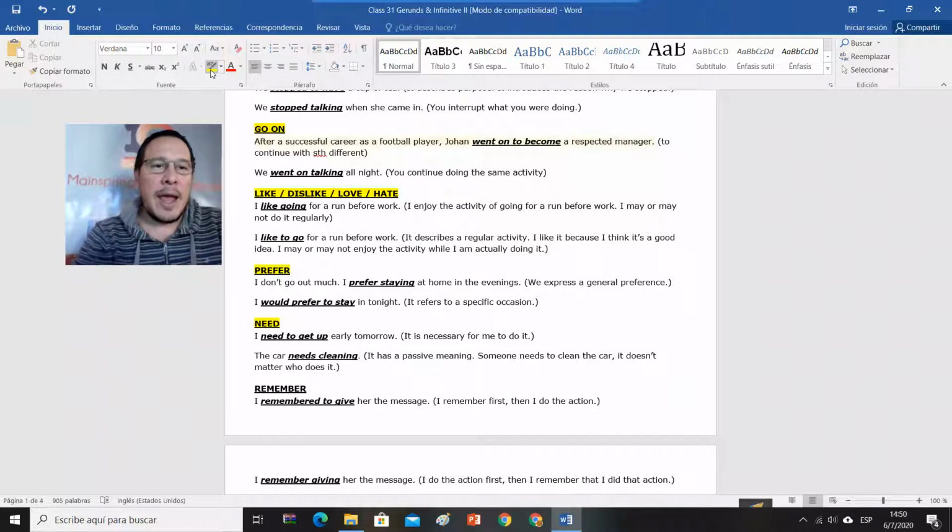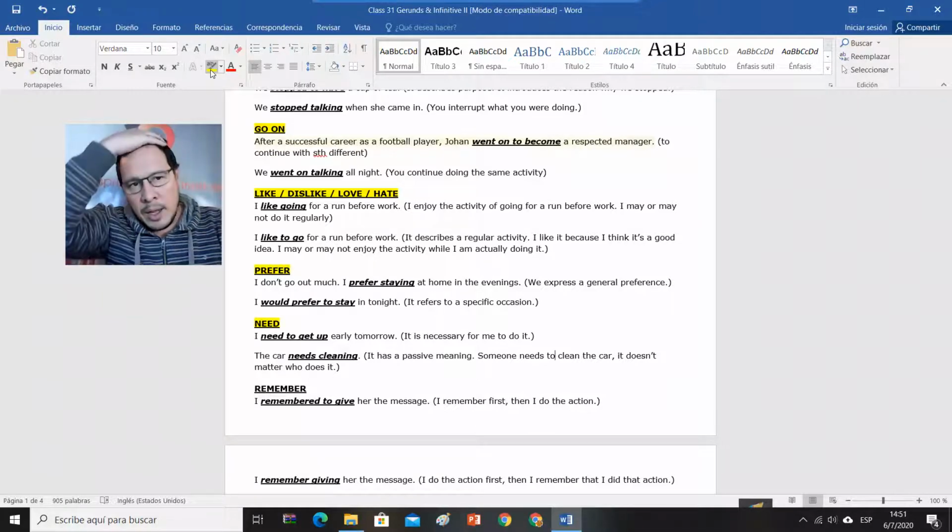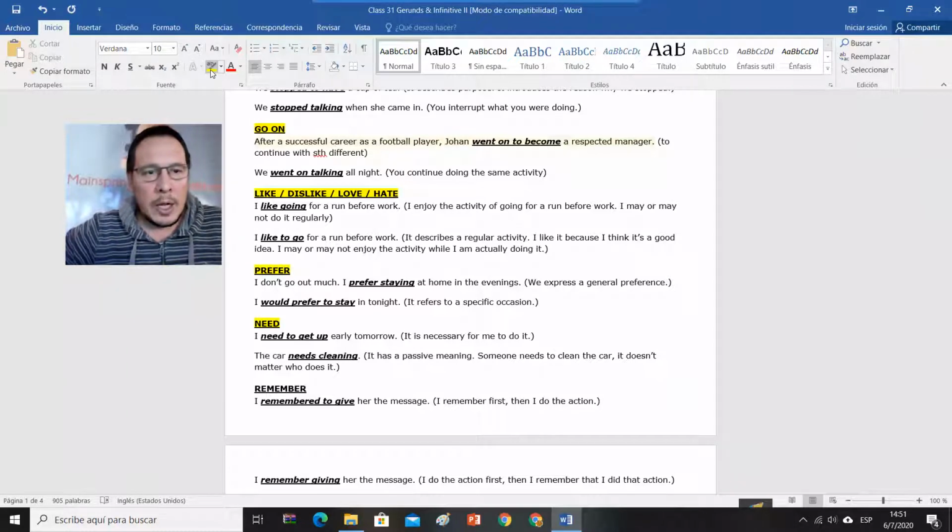But if I say the exam needs studying, it means that someone has to study the exam. That's the idea. It is very good, for example, if you're talking about your own bedroom, children. If your mother or your father tells you your room needs tidying up, in that case, it would be the perfect expression for you, because it doesn't say that you need to tidy it up.